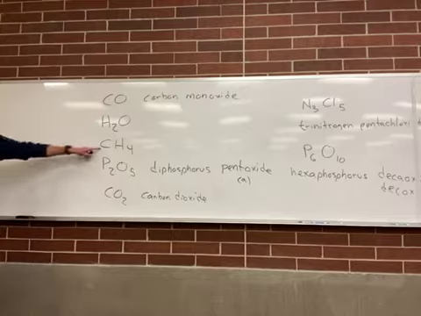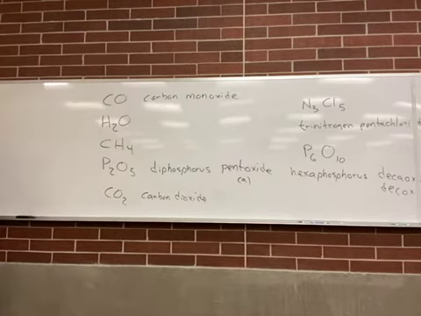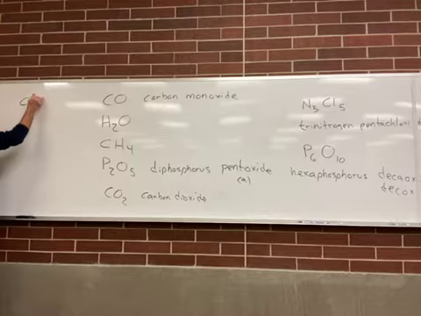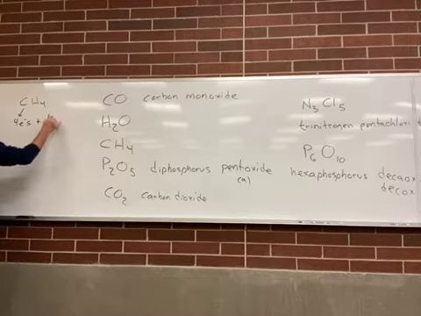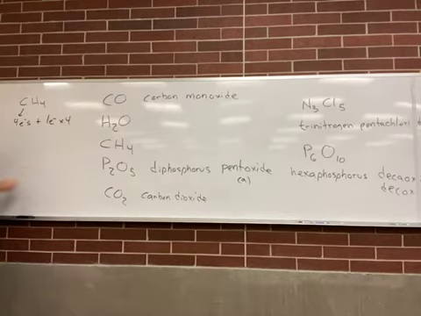So let's take methane and ask, what is the actual structure for methane? What does methane actually look like? Well, carbon brings in 4 valence electrons. Hydrogen brings in 1 electron times 4. So that tells me that overall, I need to account for 8 electrons.